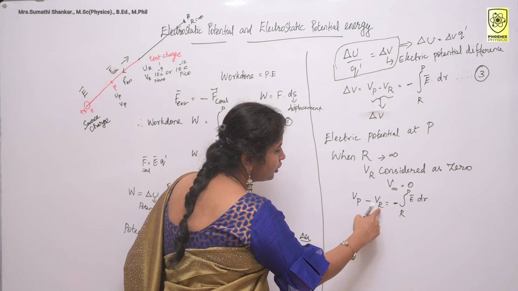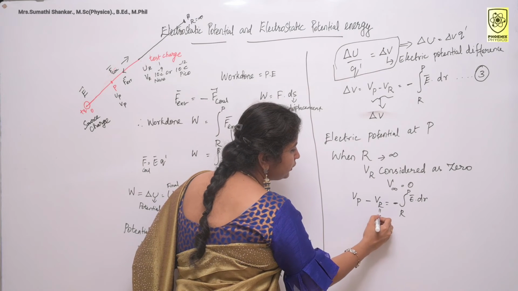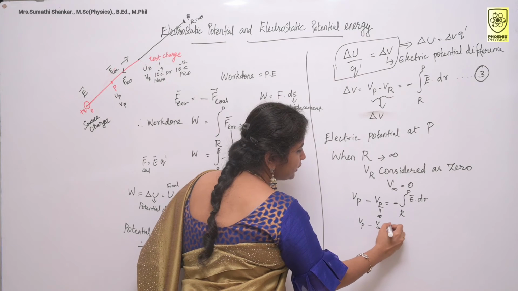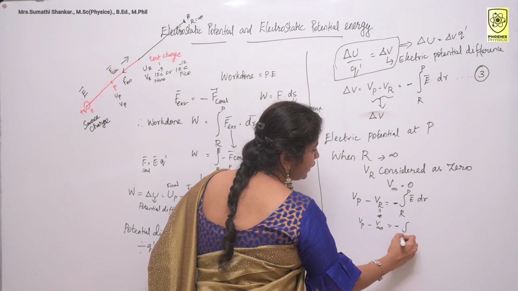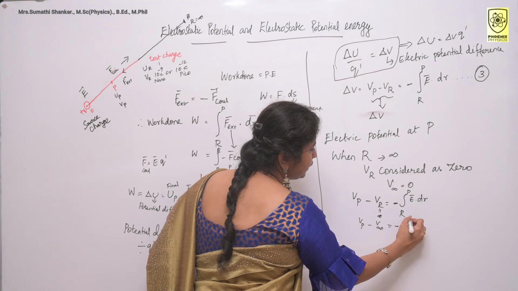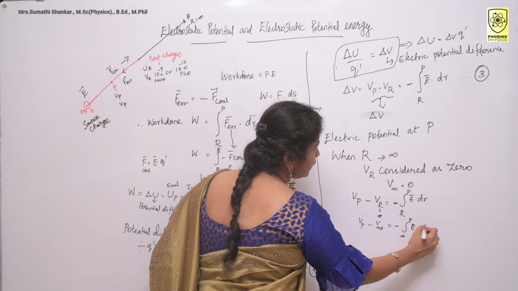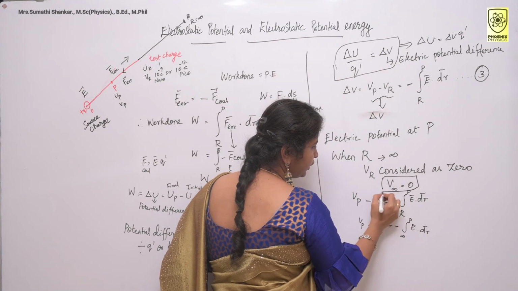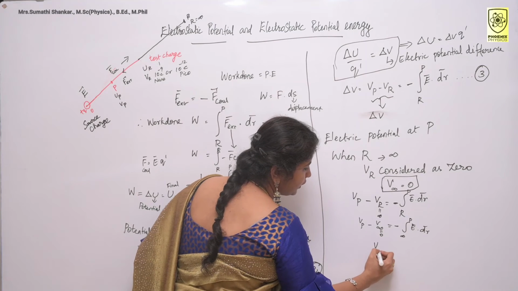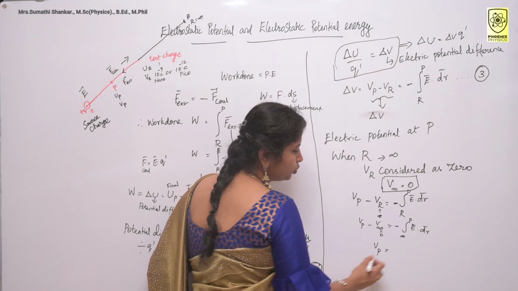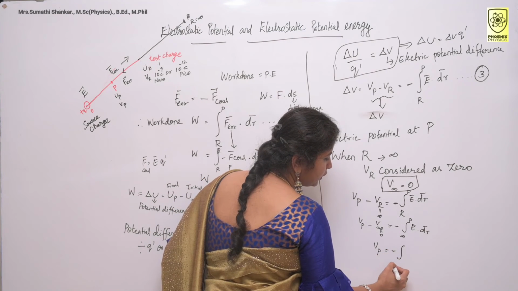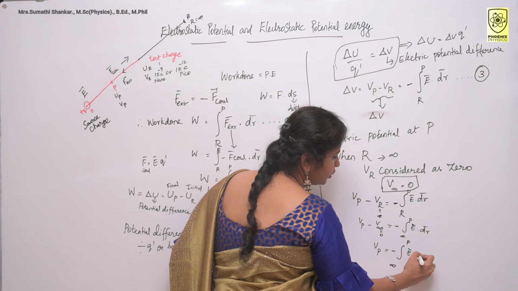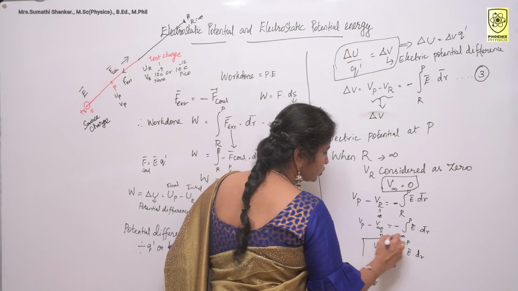Here, instead of R, you substitute infinity. That is Vp minus V infinity is equal to minus integral infinity to P E vector dot dr vector. V infinity is 0 according to this rule. So the final answer is Vp is equal to minus integral infinity to P E vector dot dr. This is our final expression.